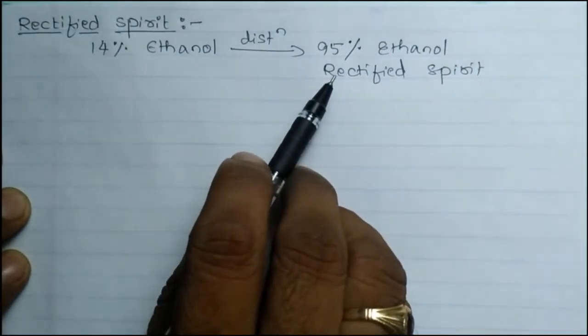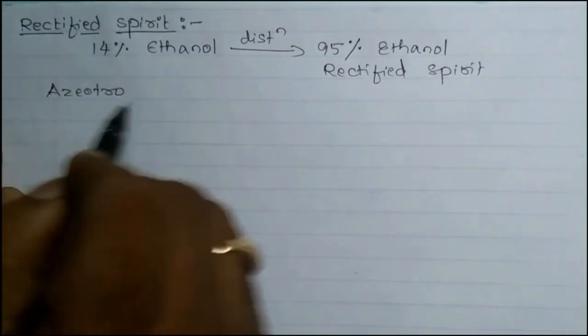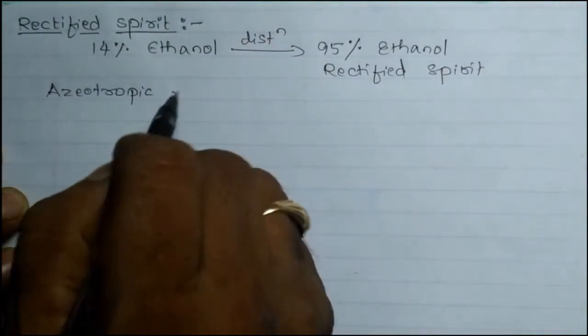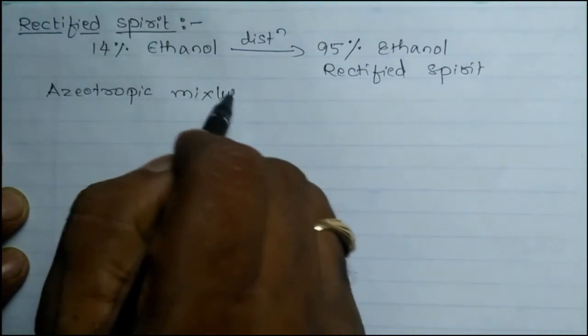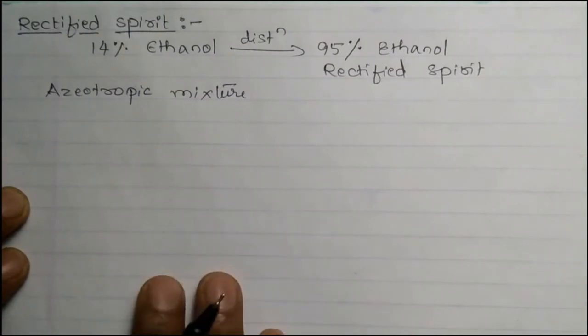Rectified spirit forms an azeotropic mixture, meaning a constant boiling mixture. We cannot separate the water present in the ethyl alcohol. Now let us see how absolute alcohol, or 100% ethyl alcohol, is manufactured from rectified spirit.